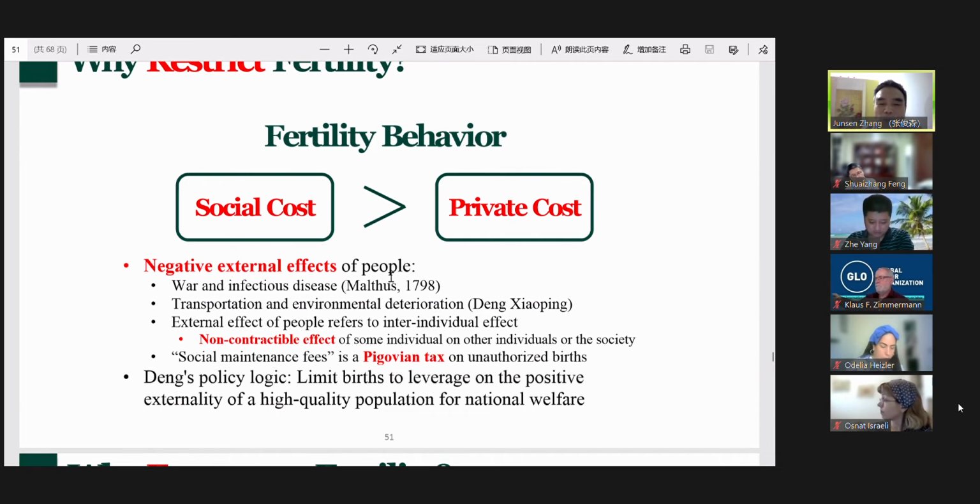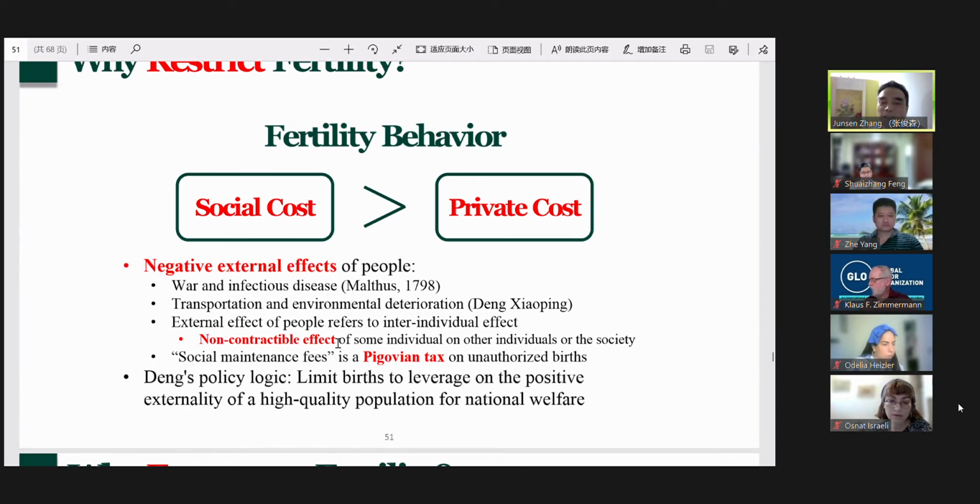For example, war and infectious disease, transportation and environmental deterioration, pollution. External effect of people refers to individual effect. So when there is a non-contractable effect, then we have externality.